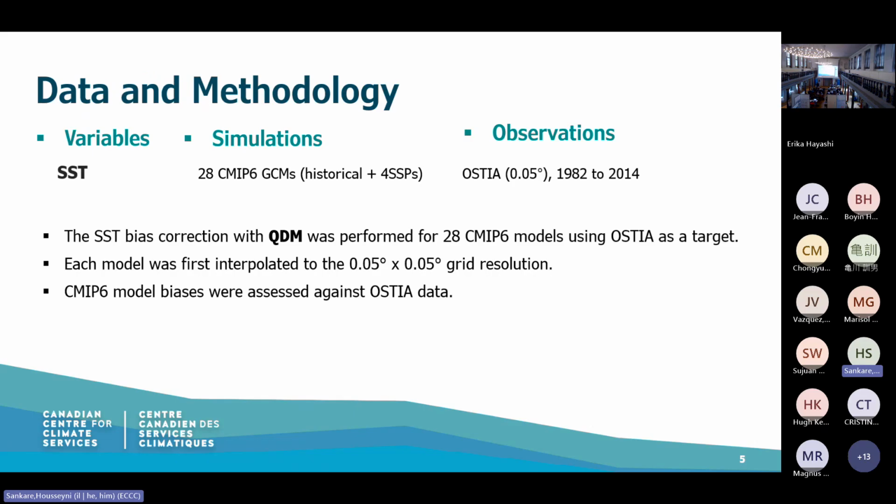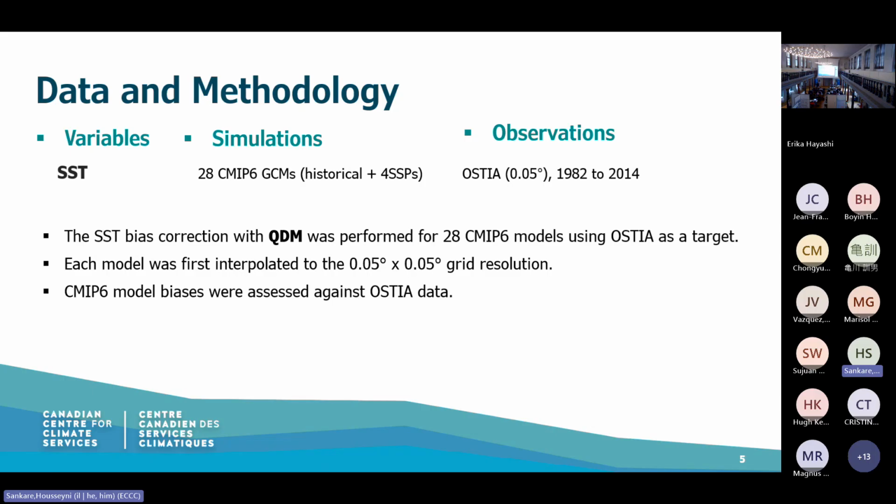For the data and methodology, we used 28 CMIP6 GCMs, historical plus 4 SSPs, and we also use the OSIA data as the target to bias correct the data and also to compare and assess the result.